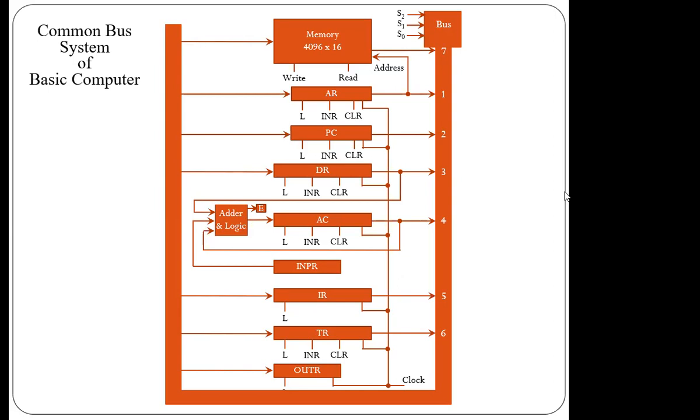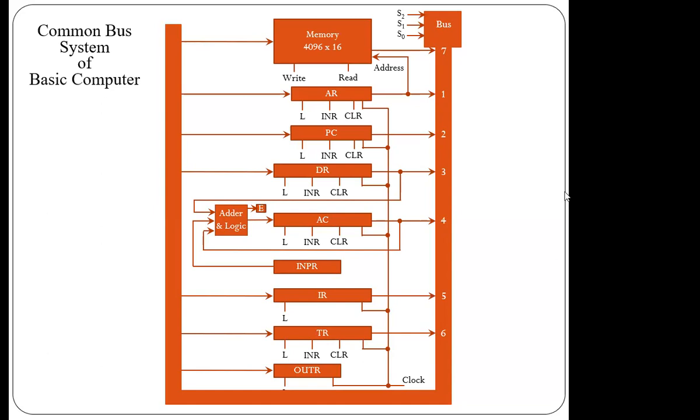Which location you will be writing to or reading from in the memory will be given by the address register, right? That particular address will be given by the AR.